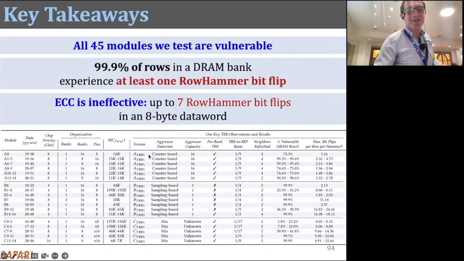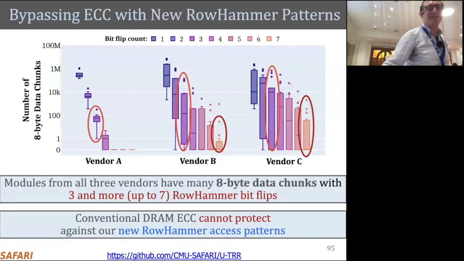Anyway, you can see that different manufacturers have different aggressor tracking mechanisms, counter-based. They're tracking 16 rows here, for example. They're implementing per bank tracking. Some of them are using sampling. They're using only one. Some of them are unknown, but it's because we didn't have enough time. At some point, you got to declare victory. You cannot really have a PhD where you have to test every single DRAM chip, right? Okay, so basically that's the idea over here.